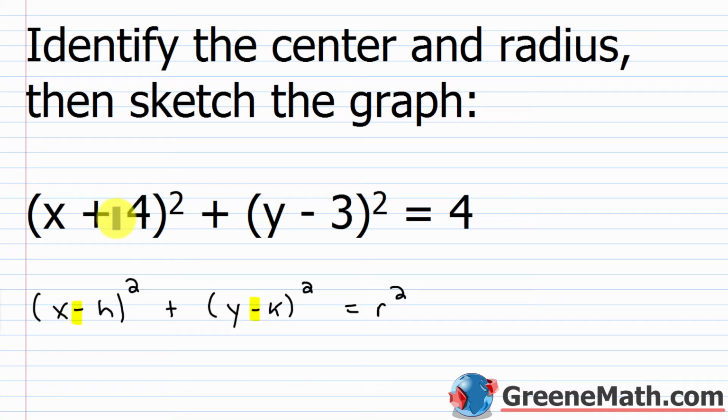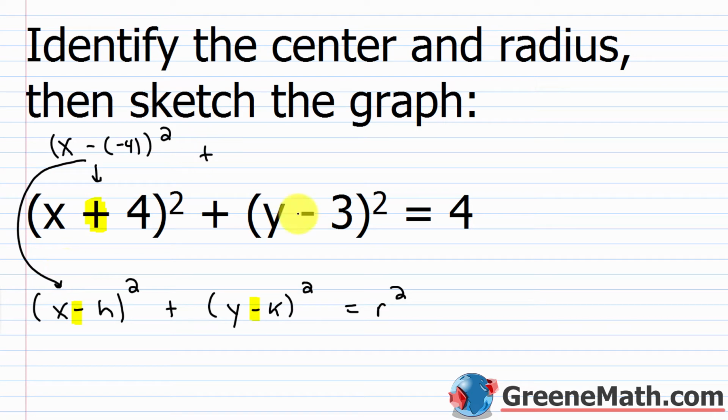If it's not presented in that exact format, you have to make an adjustment to what you're looking at. This is a plus here. So what I would do is say, okay, I can write that as x minus a -4. Now I've completely matched this format here.